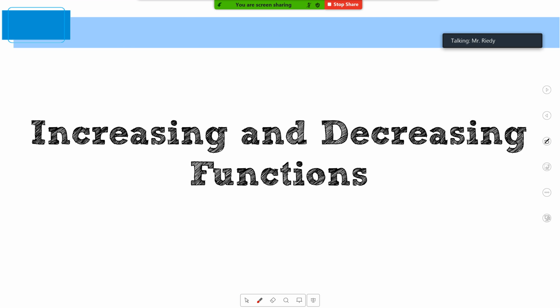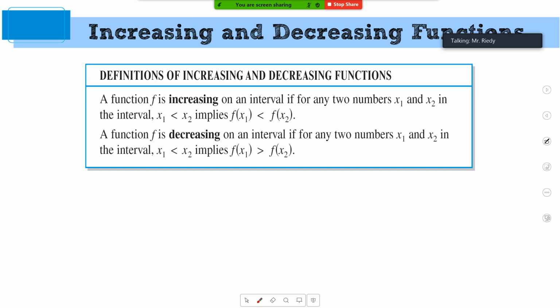Let's give it a whirl. Ooh. It's a blue rectangle and a bunch of gunk. However, this is worth talking about. And I'm going to read it to you, even though I know you can handle most of the big words here. A function is increasing on an interval if for any 2 numbers, x1 and x2 in the interval, x1 is less than x2, and that implies that f of x1 is less than f of x2.